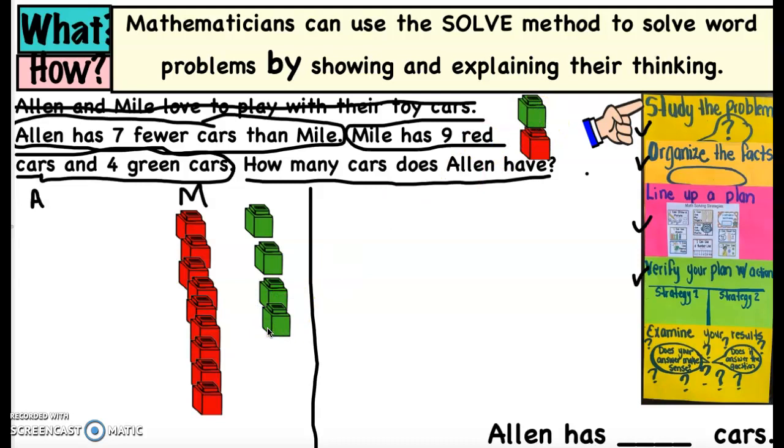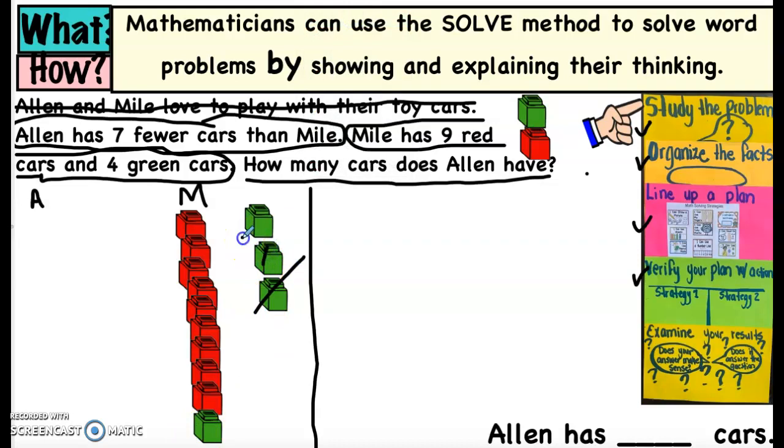So let me ask you, how many cars does Miles have? We can quickly make a 10. Miles has 13 cars. Then it says that Alan has 7 fewer cars. So we can take away 7 because it says 7 fewer. So that means he's going to have what, more or less? He's going to have less. So can we take away 7? Help me take away 7.